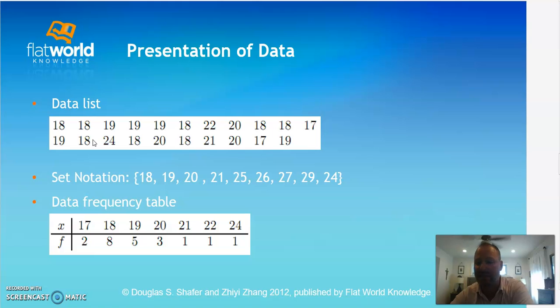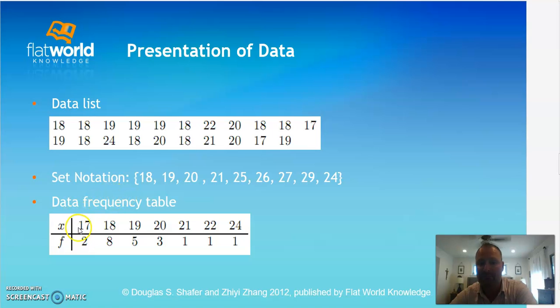Notice when we represent data in set notation, we don't repeat the values. So yes, there are two 18s that may have shown up, and maybe it's temperature, and it was 18 degrees on 2 different days, but notice in set notation, we only represent that 18 once. Same thing with the 19. Yes, there are 3 of them, but we only represent it once.